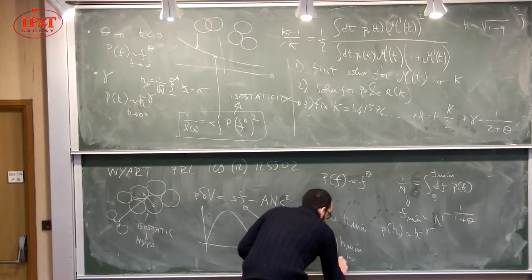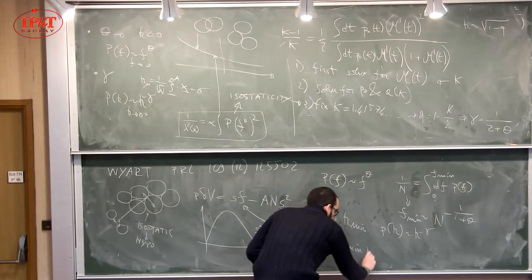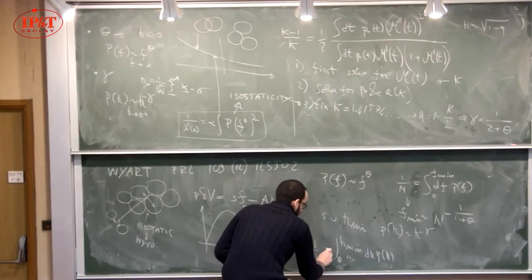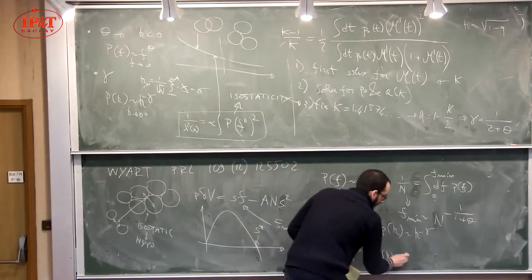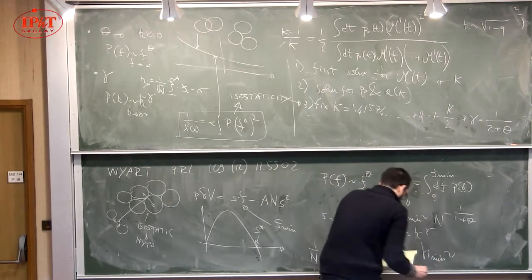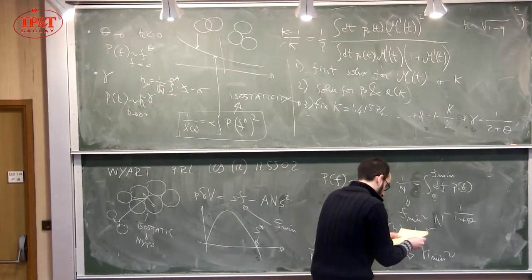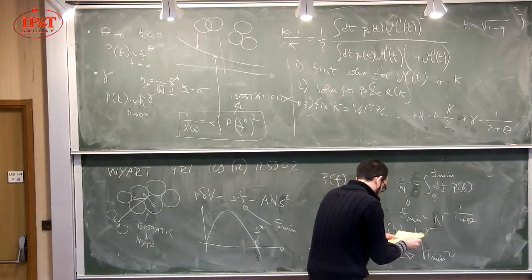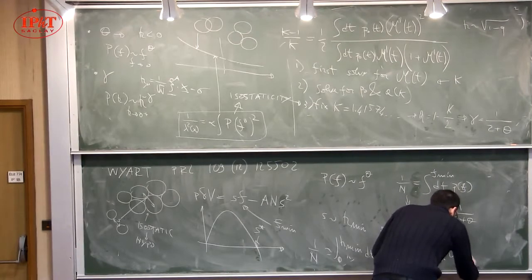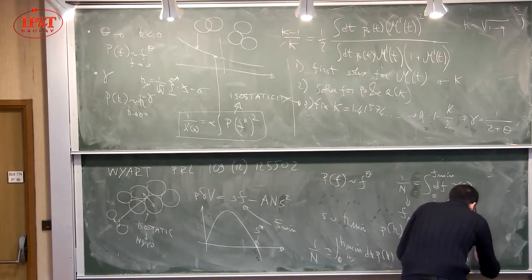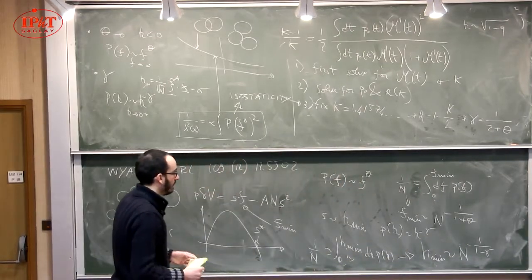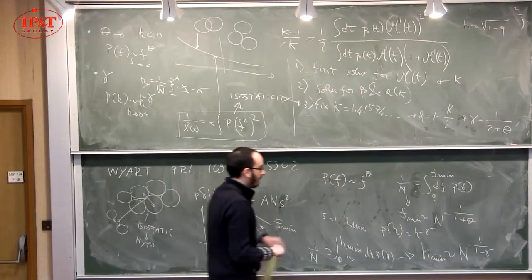So from 0 to H min, this is 1 over N. And then this gives you that H min is of the order of N to the minus 1 over 1 minus gamma. Okay, so you have F min.